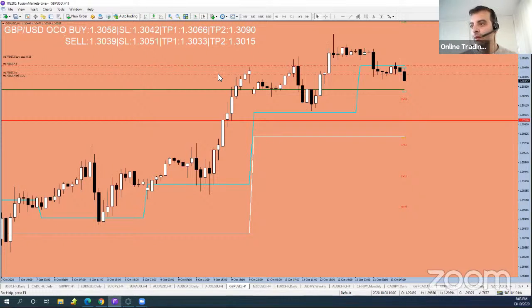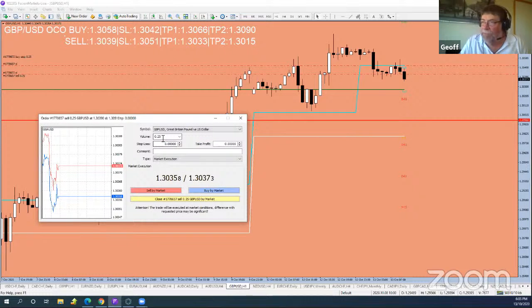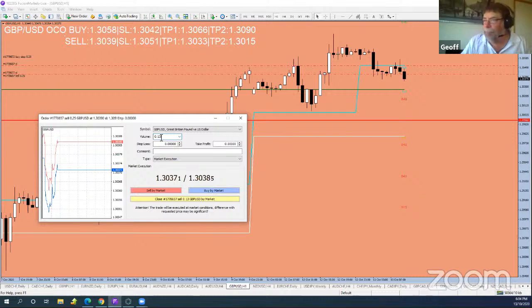We're not that far away, so we're not going to get the FTSE. FTSE's gone, unfortunately. We're not going to get that. Close the sell. 1.3033 will close 0.13. We actually got to get through it, but we'll see how price action is, if price action is generous enough to give us a TP1 there.